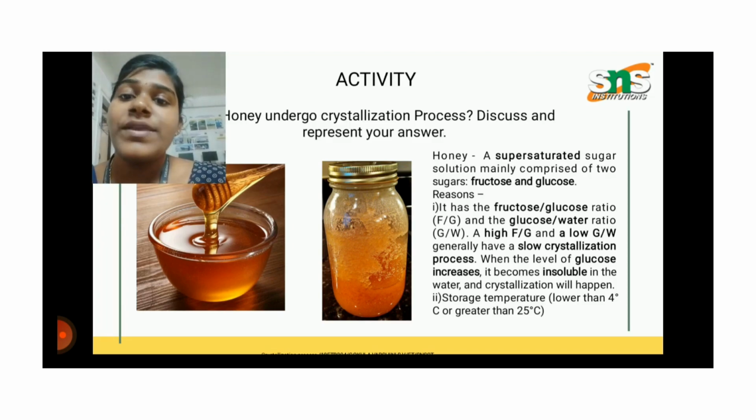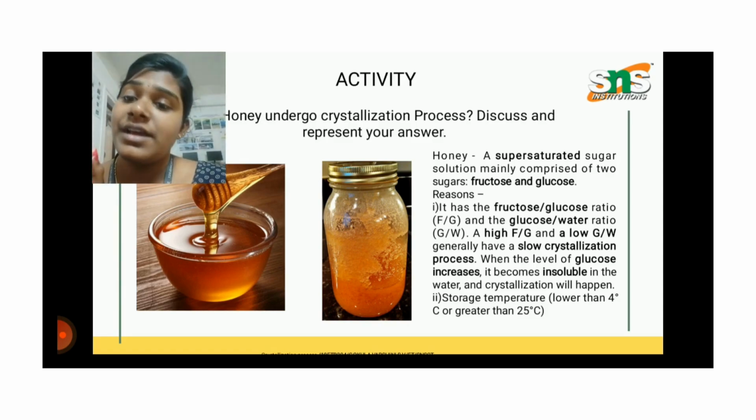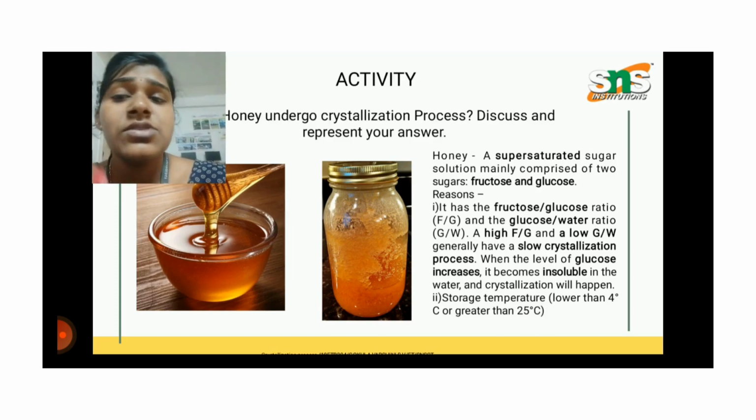When the level of glucose increases, it becomes insoluble in the water and crystallization will happen. The second reason is storage temperature: honey should be stored below 4 degrees Celsius or above 25 degrees Celsius. So these two are the main factors for which crystallization appears in honey.